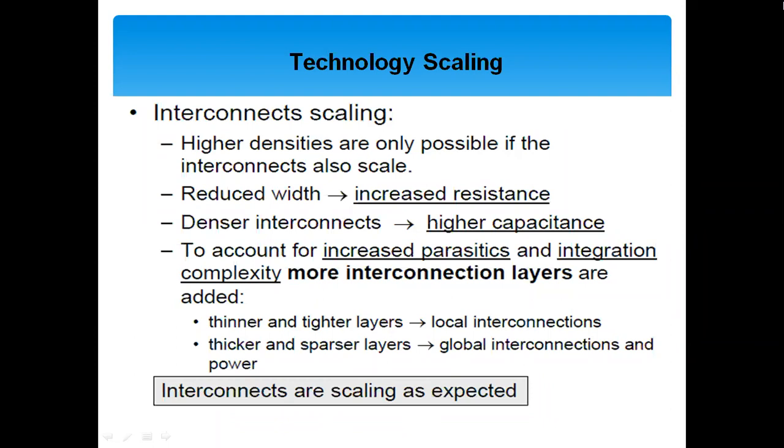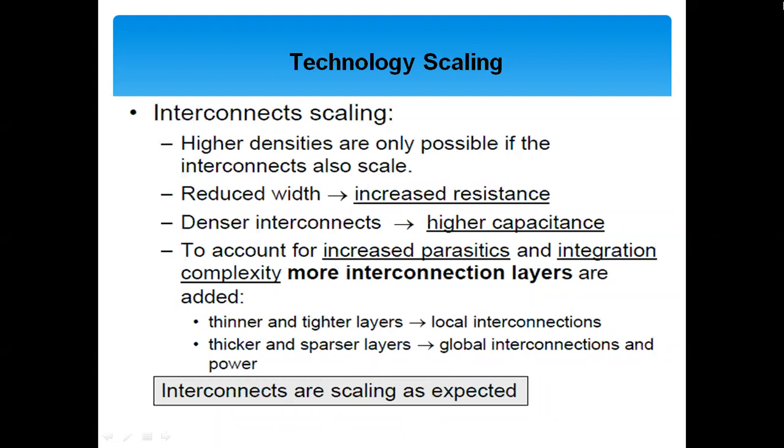So how to actually scale the interconnects now? The solution is you can add more interconnect layers, so that these problems can be addressed properly, and there will be a proper solution to these problems of scaling interconnects. Thinner and tighter layers are the local interconnections, and thicker and sparser layers are the global interconnections and power.